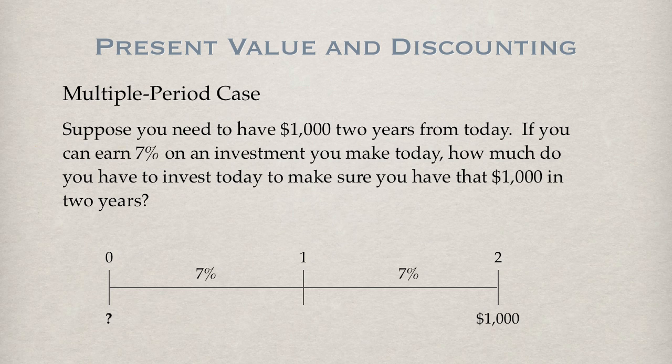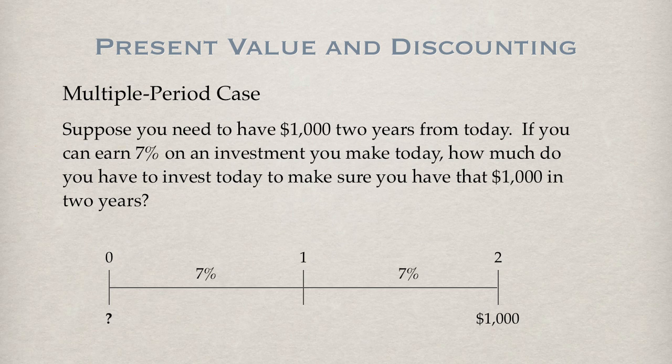In addition to the single period case, we also have the multi-period case, which considers investments made for more than one period. In this case, let's suppose you need to have $1,000 2 years from today. If you earn 7% on an investment you make today, how much do you have to invest today to make sure you have that $1,000 in 2 years?